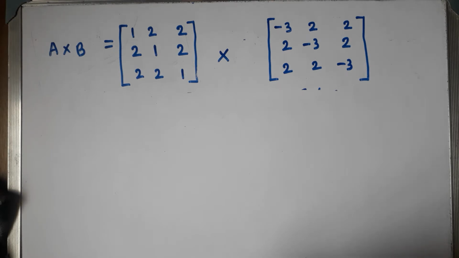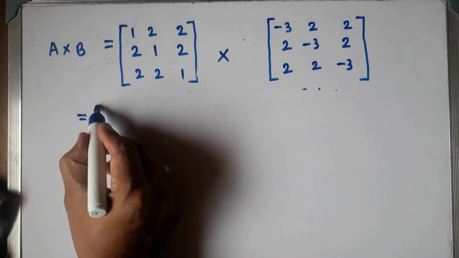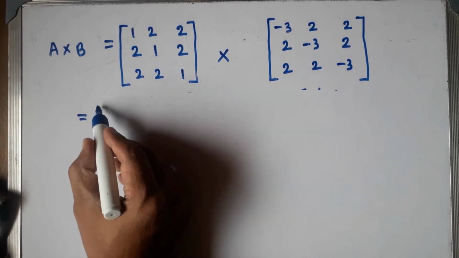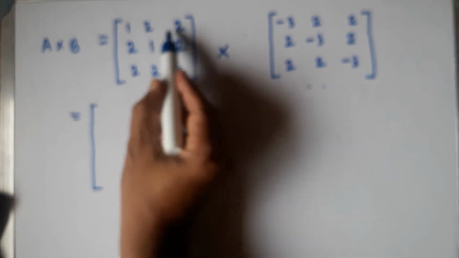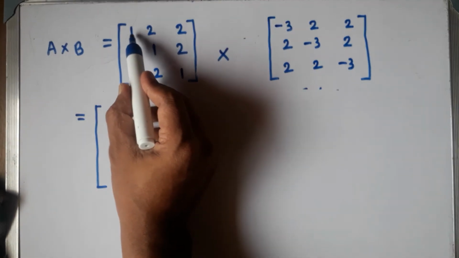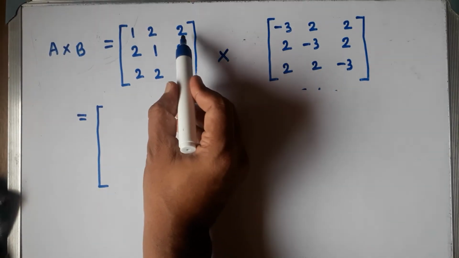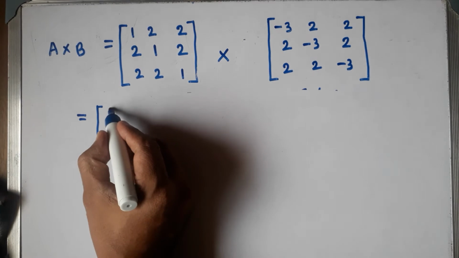We know the product of matrices: first row into first column, so this will be -3 plus 4 plus 4, that is 5.